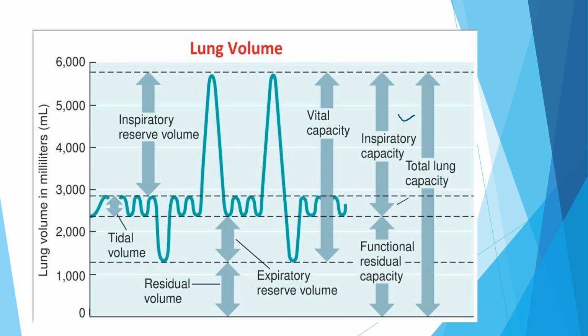Now here comes the graph where we will be discussing all the volumes which we have spoken about in the form of definitions. But here we will discuss these lung volumes in this graph. Tidal volume is the volume of air inspired or expired during a normal respiration. It is about 500 ml.